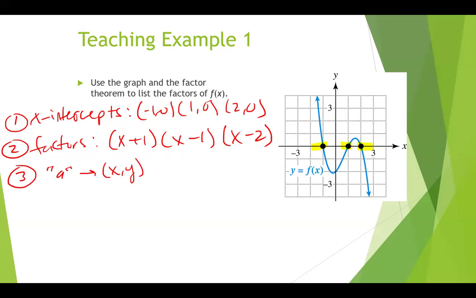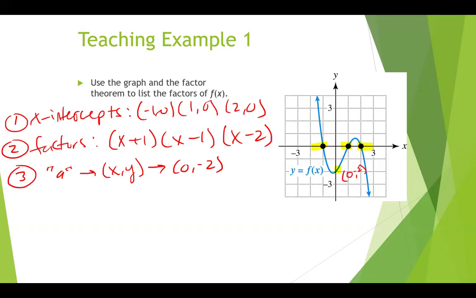Why? Because anytime you get to plug in 0 for x, you plug in 0 for x, okay? So our y-intercept is right here at -2, right? So we're using 0, -2. We're using this by plugging it into our function.